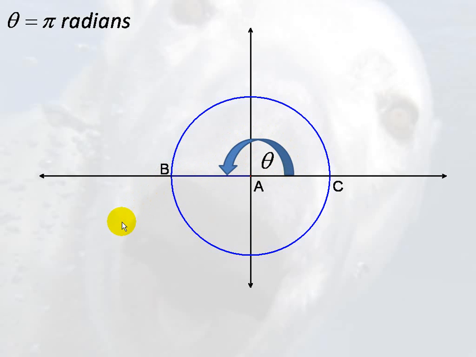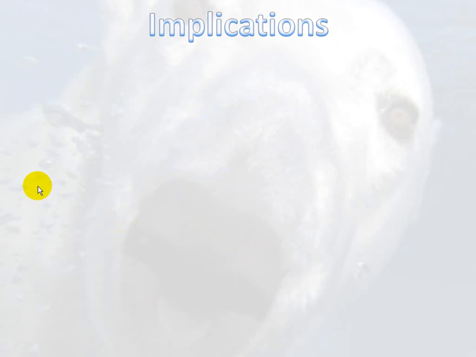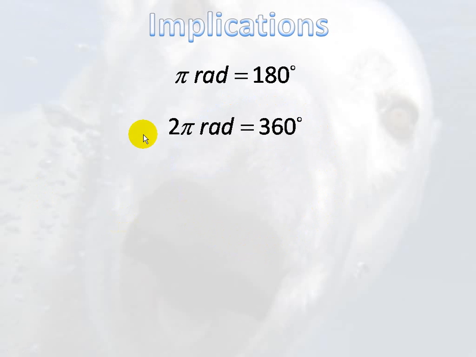Now, incidentally, that's why we say that the circumference of a circle is 2 pi times the radius. How many radius lengths are there? There are 2 pi of them, and then if you know the radius, you can get the circumference. But now let's look at some implications here. We know that pi radians is 180 degrees. If we multiply both sides by 2, then we get 2 pi radians is 360 degrees.